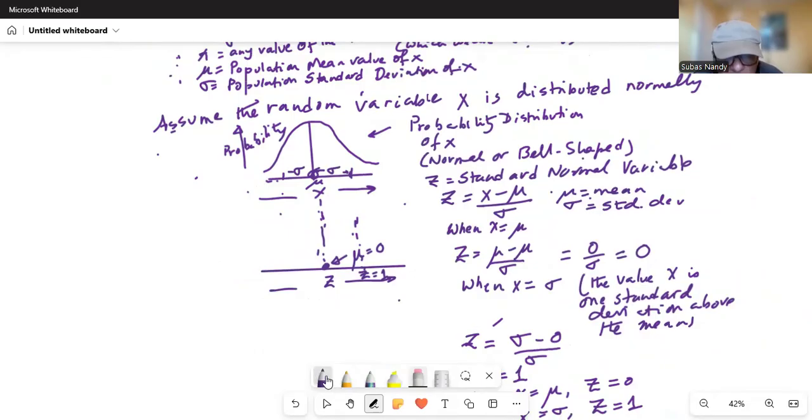So first I will draw this curve. It's an identical bell-shaped curve, only the mean is at 0. And when this distance is sigma, let me draw this back.